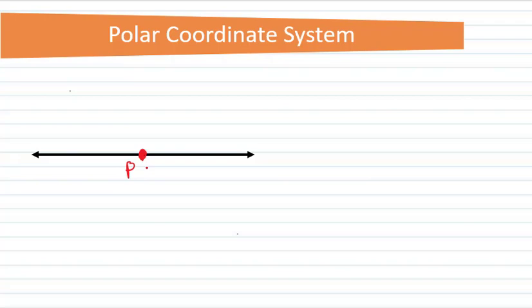So the plane will be divided by using only one line and a fixed point. This fixed point will be called as pole, and the horizontal line passing through this point is called as polar axis. Okay. So with the help of these two, we are going to locate any point in plane.